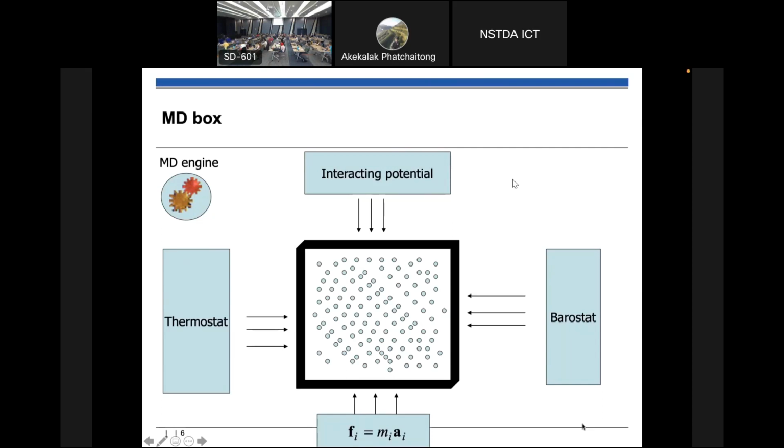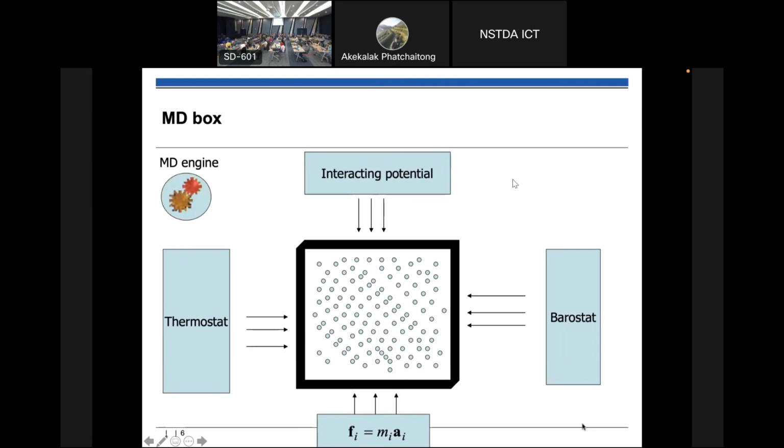The same thing is here in MD. You have your simulation box. You put in whatever you want to simulate, water or protein or ligand and protein, and then you have the interacting potential, the force field here, and you are running Newton's equation of motion at a constant temperature and at a constant pressure or at a constant chemical potential.